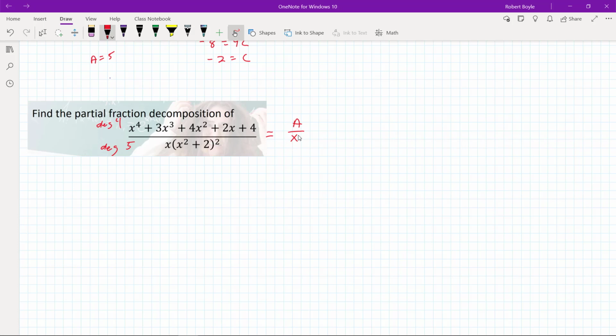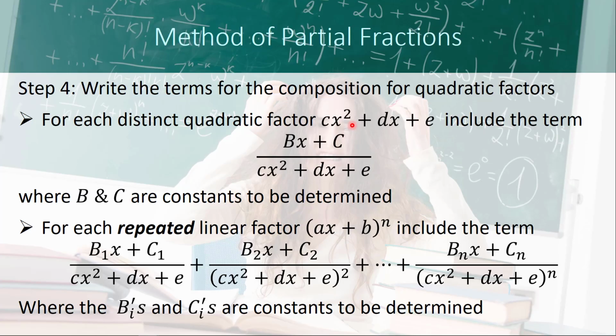But now we have a repeated quadratic term. It is a quadratic term. Well, I finally noticed a typo here. This should actually be the repeated factor cx squared plus dx plus e to the nth power.